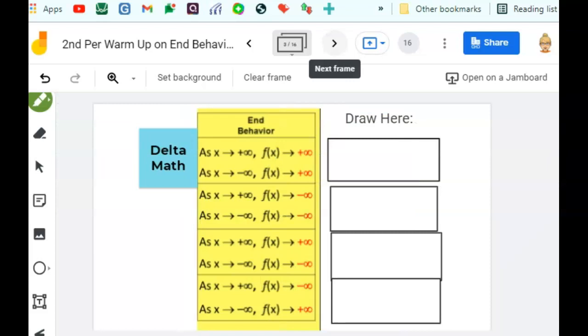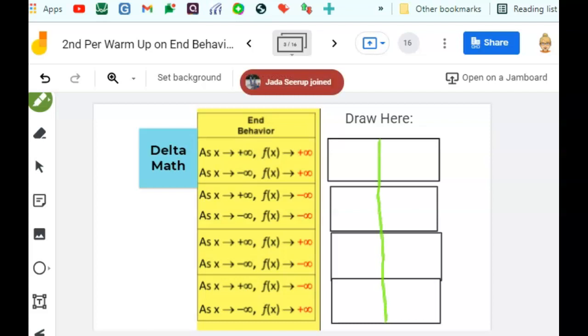Okay, nice participation. This one I would like some drawings in the little boxes here. How about we try to split these down the middle? We'll do 2 drawings per box. So see if you stay away from someone else's drawing. But this end behavior says what? Let's discuss this first one here. What is the word here, guys?